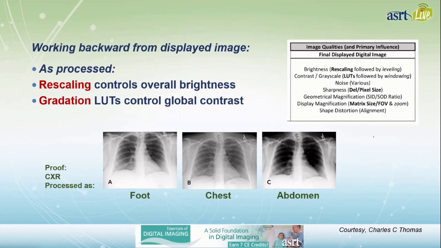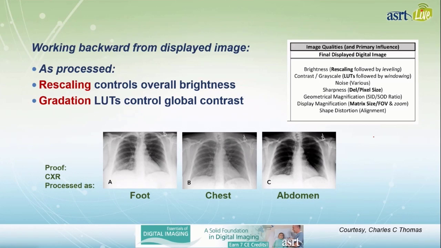And on the far right, we see the same image again with the same technique, processed as an abdomen. By using different processing algorithms, we're changing the rescaling that's being applied by the computer. That's a preset for each anatomical area. And we're changing the gradation LUTs that control the global contrast. So this illustrates the dramatic difference that rescaling and gradation make.